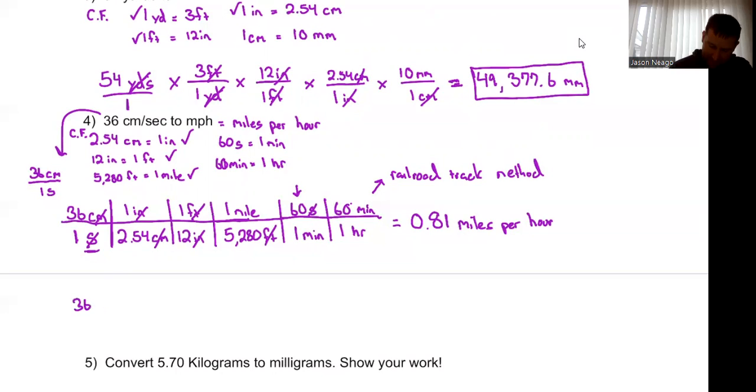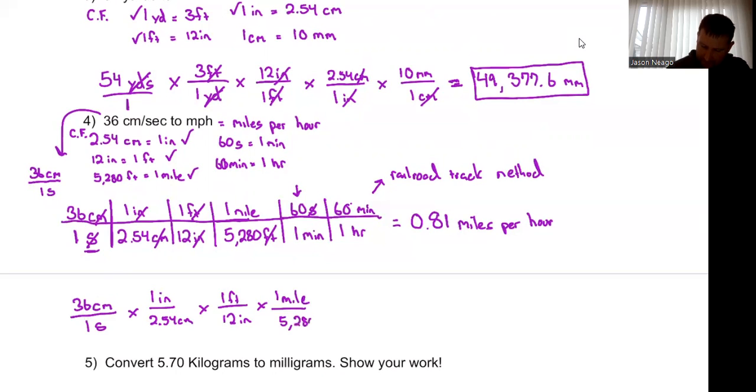So 36 centimeters over 1 second times 1 inch over 2.54 centimeters times 1 foot over 12 inches times 1 mile over 5,280 feet times 60 seconds over 1 minute times 60 minutes over 1 hour.